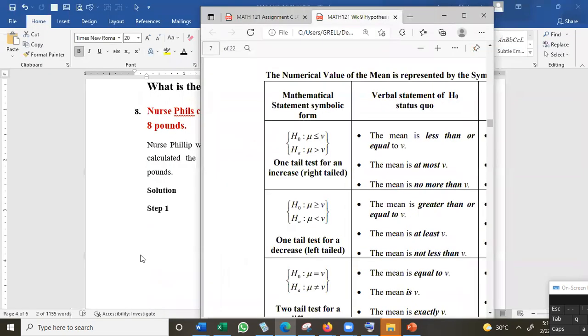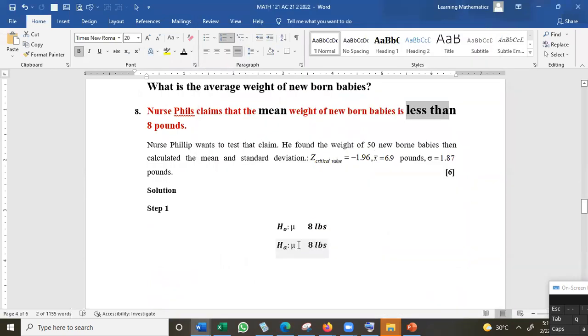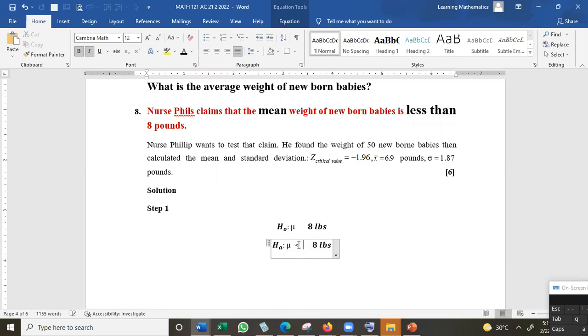So when we come here for the H0, we put the less than symbol. If we put less than here, then up here we must put greater than or equal to, in the opposite direction, with the equal sign.